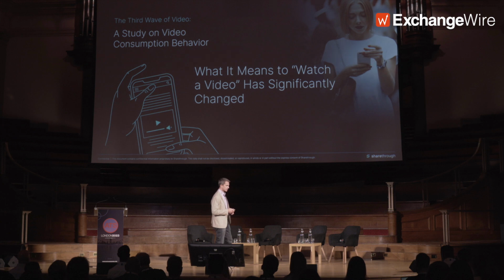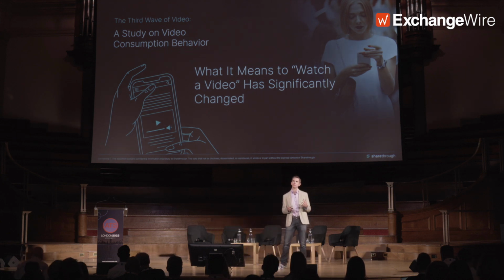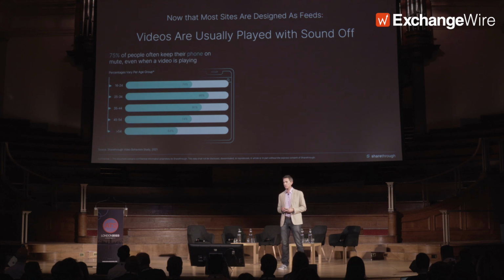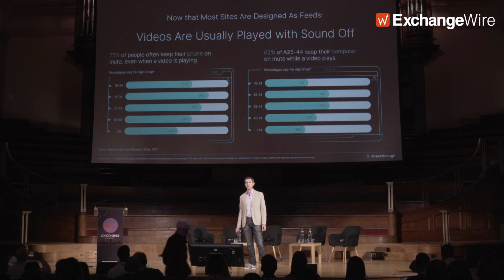We did a study last year on consumer behavior in video, and how consumer behavior has changed over time in consuming online video. We're mostly going to talk about video today. And the biggest learning from that was that videos are usually played with the sound off. Three-quarters of video on phone, nearly two-thirds on computers. It's also a high percentage on CTV.